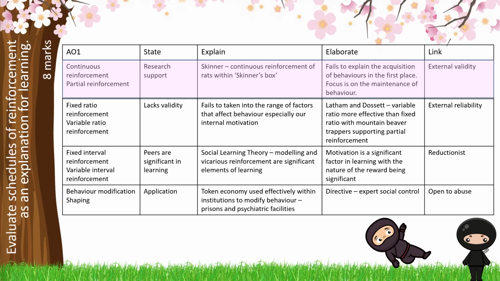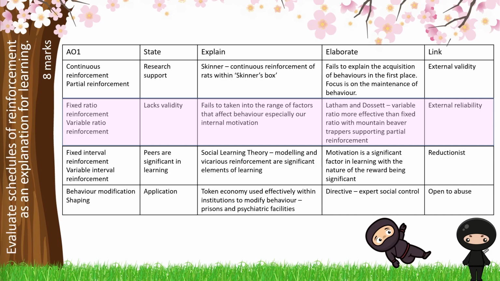We then move on through to talk about fixed ratio and variable ratio reinforcement, again using examples. We're opposing the research this time by saying that it lacks validity. It fails to take into account a range of factors that affect our behaviour and our learning, especially internal motivation, that some things we just do without any reinforcement from anybody else.